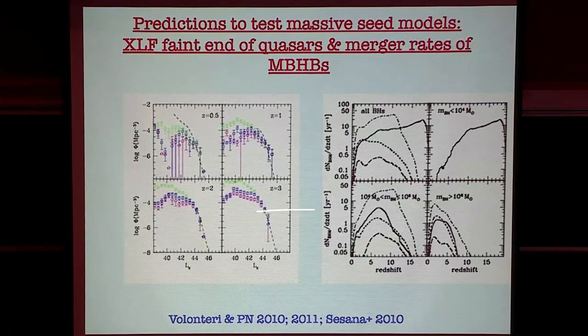So in my opinion, there are two other very interesting signatures. One is, of course, the faint end of the X-ray luminosity function of AGN/quasars. I'm going to use that interchangeably. And the other is the merger rates for the massive black hole binaries over redshift. So this would be the gravitational wave signal that's predicted. Now that will be different for these two models.